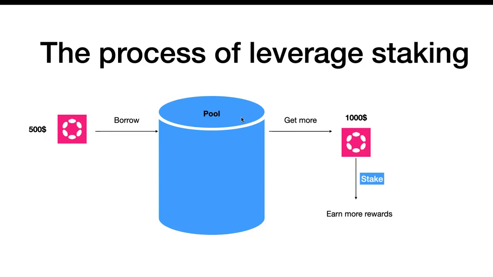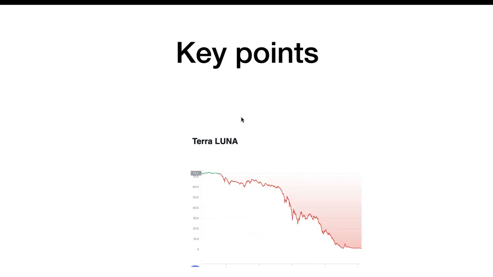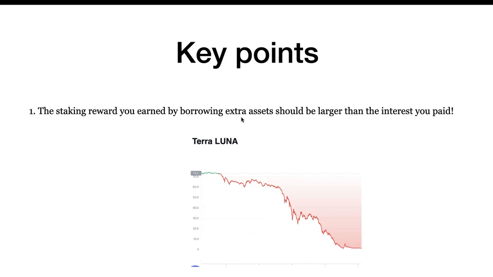However, there are several key points you have to check if you want to make it work. First of all, the staking rewards you earn should be larger than the interest you pay, because when you borrow the money, you have to pay some interest.